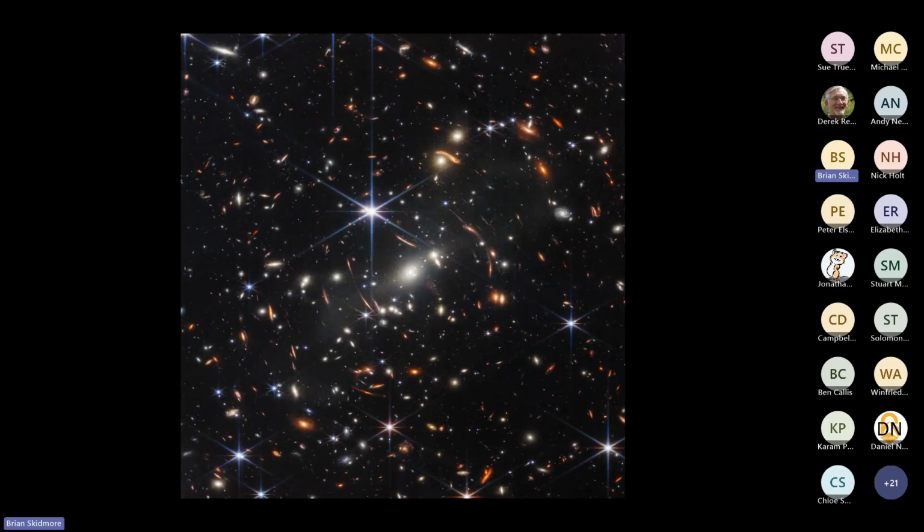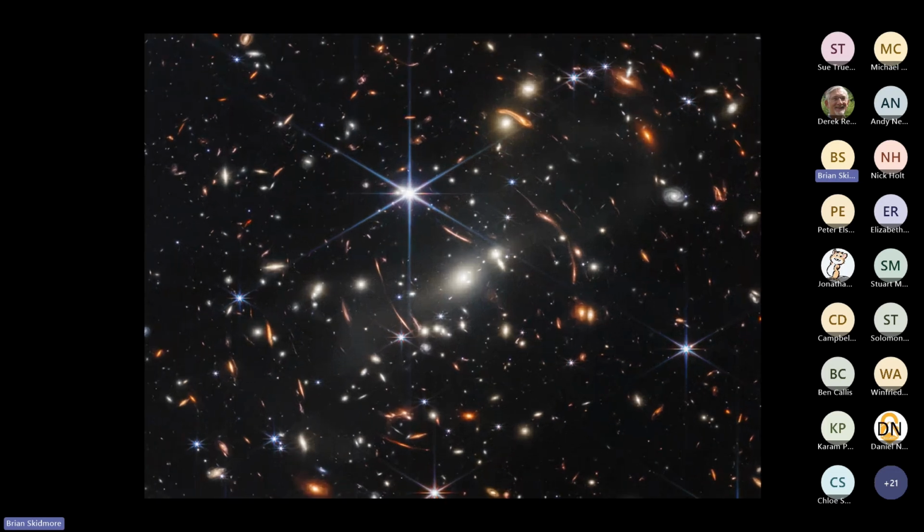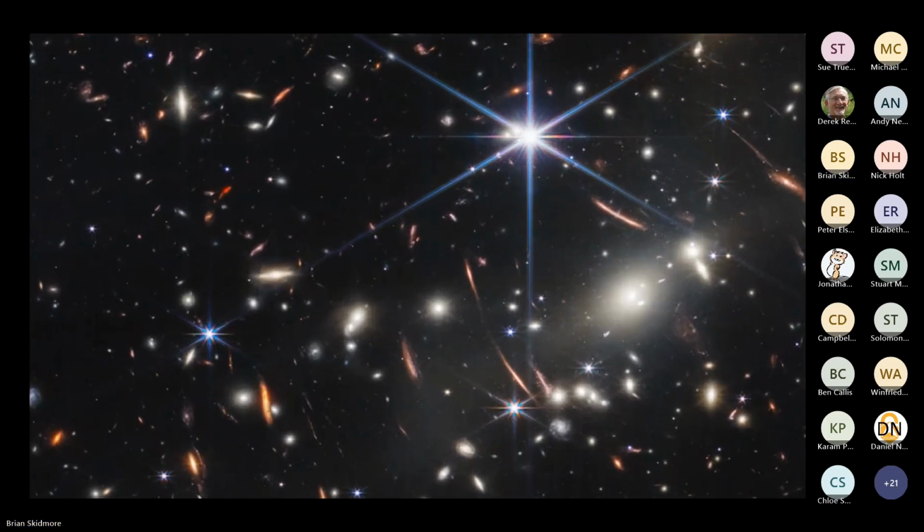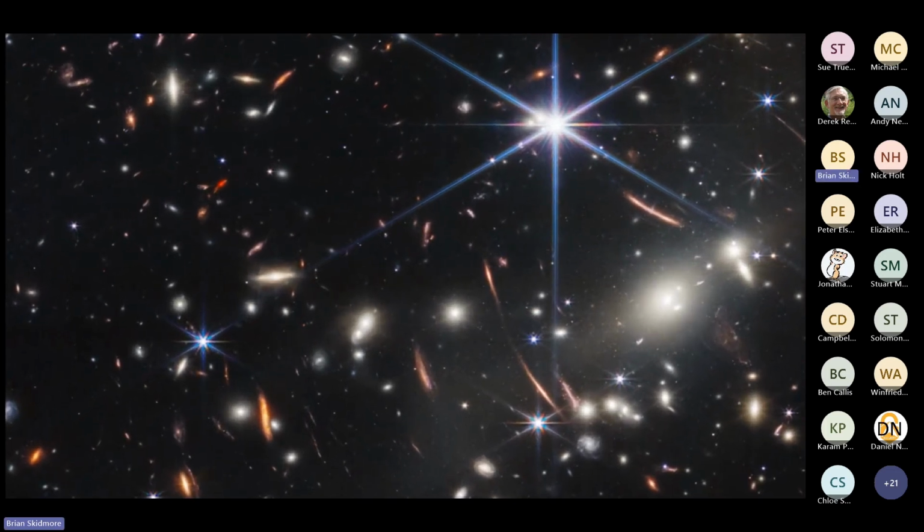So you see, it's exquisitely beautiful. There are thousands and thousands of galaxies. Now, in fact, there is a foreground galaxy cluster shown mainly in white, and in the back there are much more distant galaxies, which are illustrated in red, longer wavelengths. Remember, these colors are artificial. This is infrared, and we can zoom in and just admire the quality and the beauty of this image.